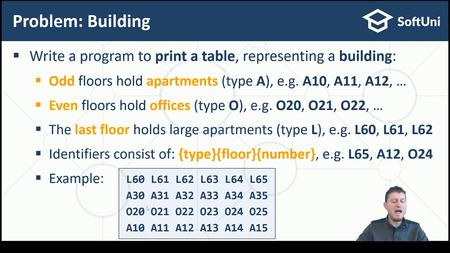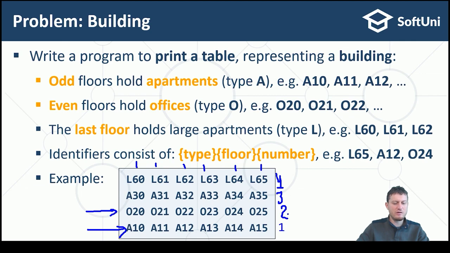So if we have 4 floors here, and it's floor 1, 2, 3, 4, and we have 1, 2, 3, 4, 5, 6 apartments per floor. At the ground floor we have apartments, at the next floor we have offices.